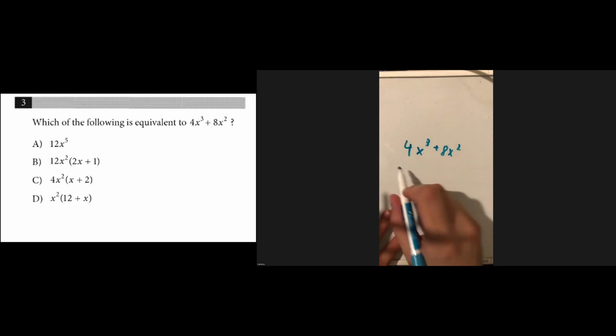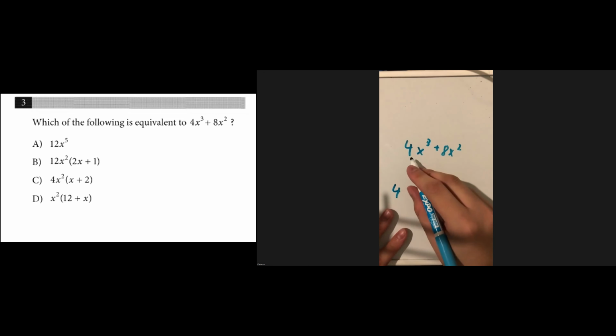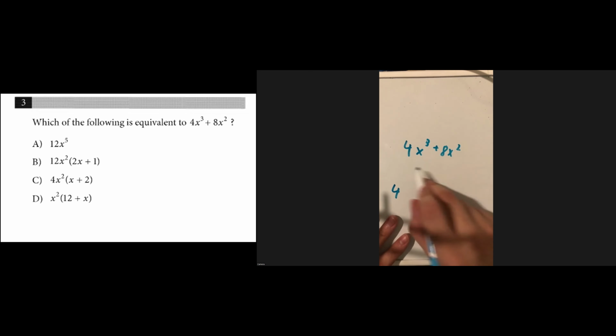So we just have to find the common multiple. For the base value, it would be 4, since 4 multiplied by 1 is equal to 4, and 4 multiplied by 2 is equal to 8. And then for the x's, it would be the lowest common multiple, which would be x squared, so 4x squared.